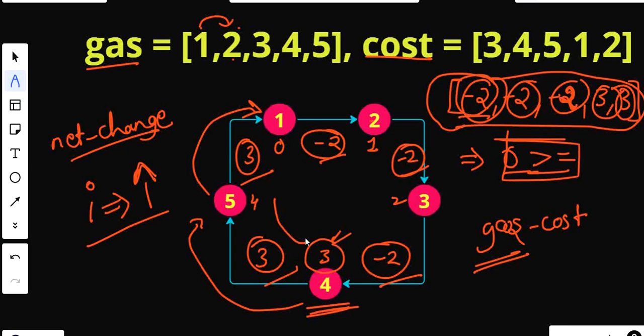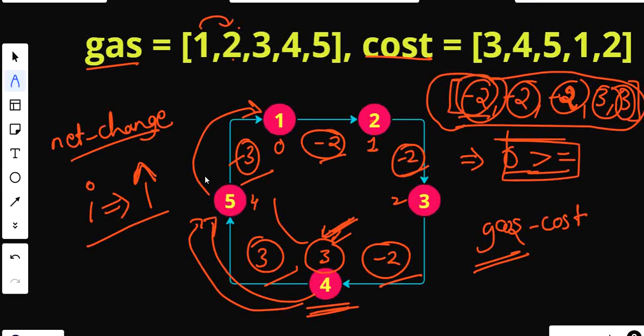Because if after reaching 5 I experienced -3 here, then I can't proceed with this traversal, or I can't say that I started my traversal from this index. Because at the end, I need to traverse this whole circuit in a circular manner.